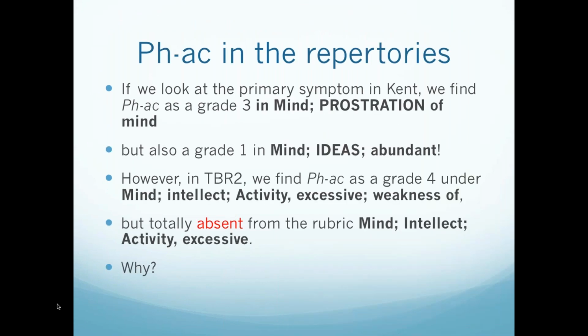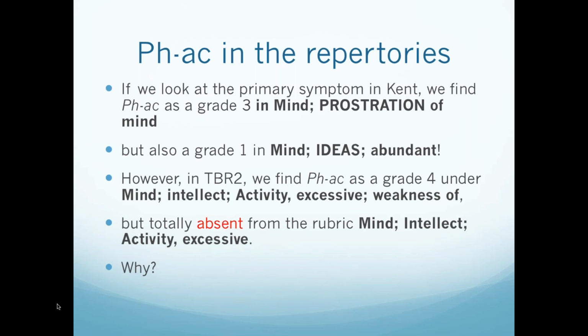If we look at the primary symptom in Kent, we find phosphoric acid as a grade 3 in mind, prostration of mind. Okay, that's good. But also grade 1 in mind, ideas abundant. So would anybody here ever prescribe this remedy for a dog who had abundant ideas? Well, might not know that.